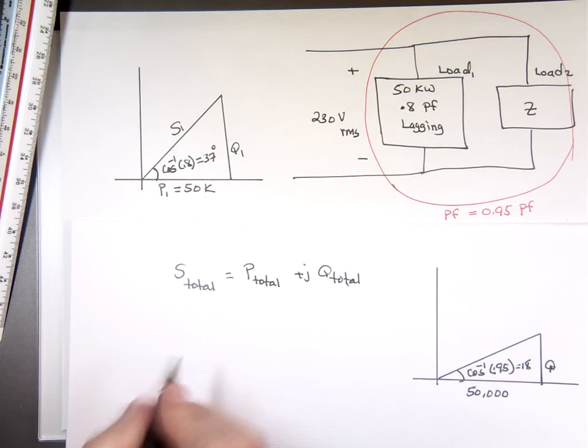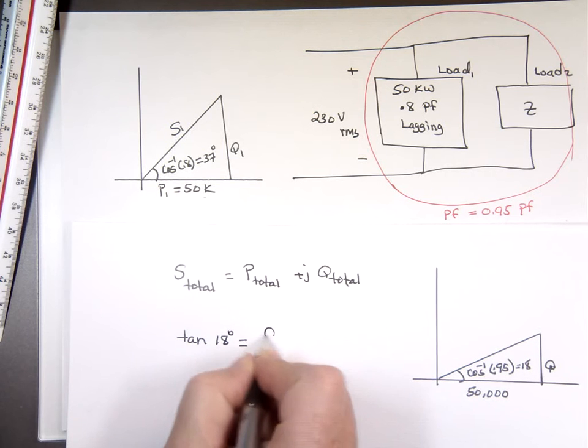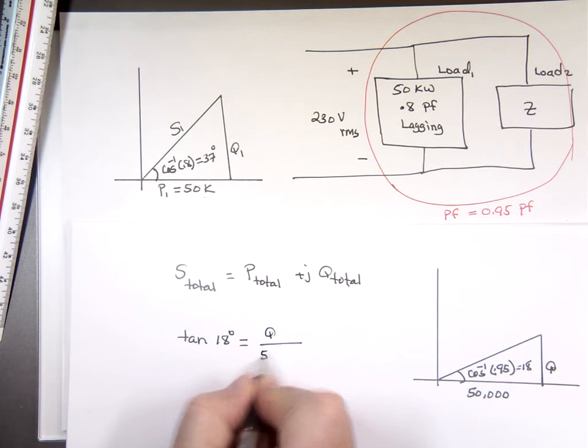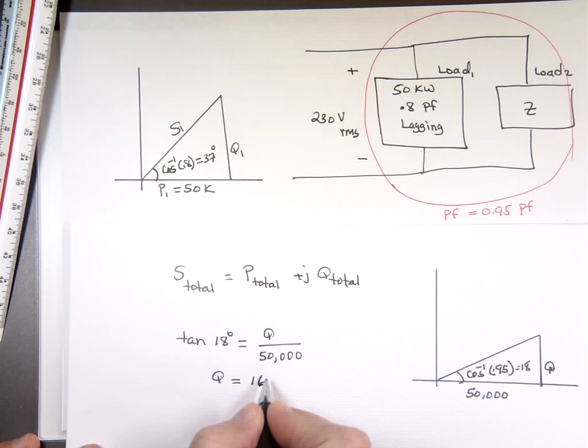So now we go tangent 18 degrees equals Q over 50,000. Tangent of that angle times 50,000 is 16,434. If you want to use significant digits, it's roughly 16,000, but I'll go with 16,434.